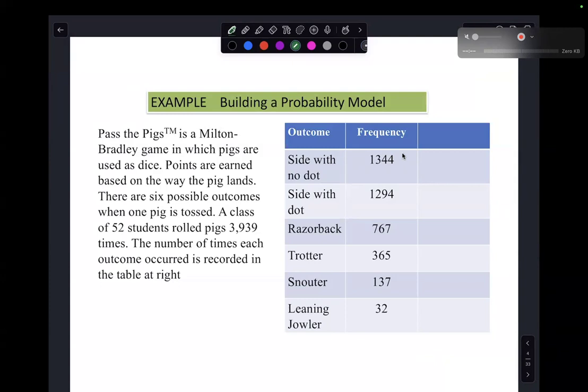So a class of 52 students rolled the pigs 3,939 times. The number of times each outcome occurred is shown here in the table. And so what we're going to look for is we're going to build a probability model. We are going to look at the probability of each of these happening.